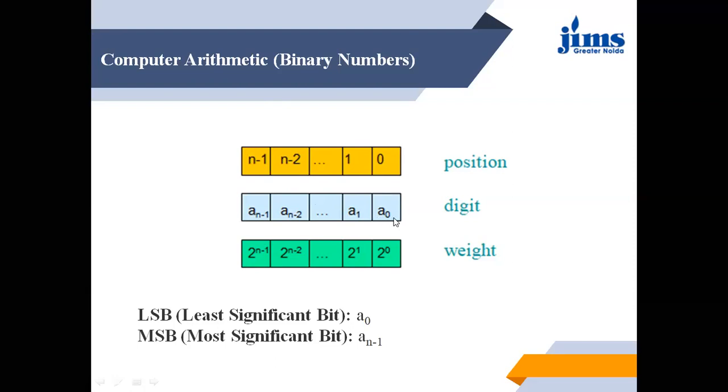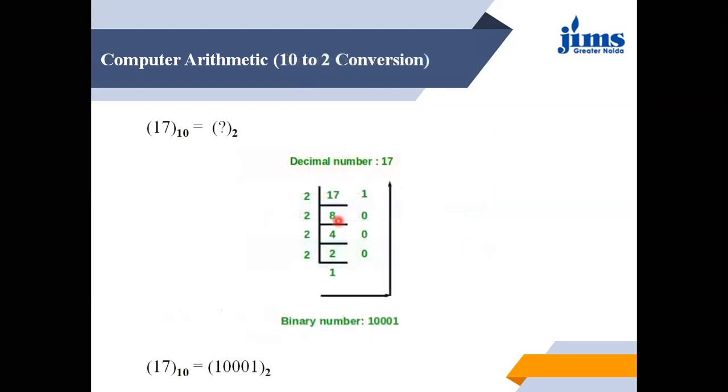The rightmost bit is called the least significant bit, whereas the leftmost bit, that is An minus 1, is called the most significant bit. So this was the overview of the binary number system.